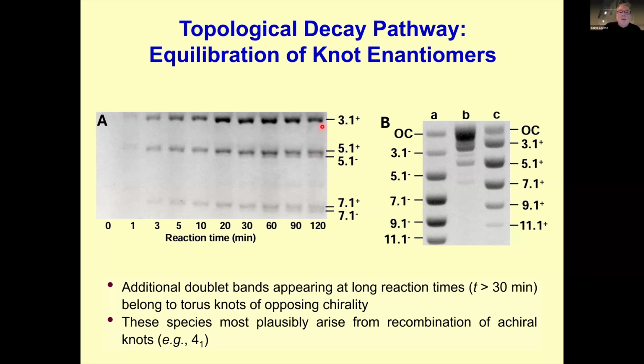And probably they occur in the case of 3-1, but maybe weren't resolved on this particular gel. But you can certainly see this is the case for the 5-1 and the 7-1. And these are species that begin to appear at around 60 minutes and beyond. So that further supports the idea that these pathways allow you to go through some state which allows you now to change the handedness of the knotted product.